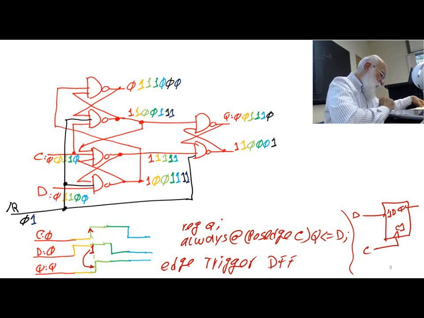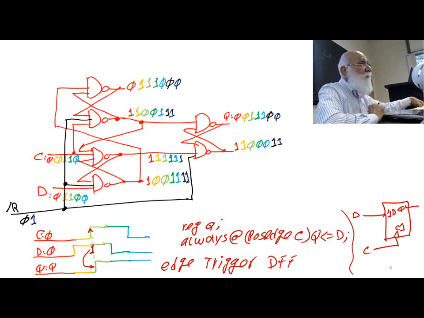I have a 1 here. My clock is still 0, so this is a 1. Okay, and then this 1 here, I have a 1, I have a 0, this remains a 1. I have a 1 here and a 1 there, this becomes 0.